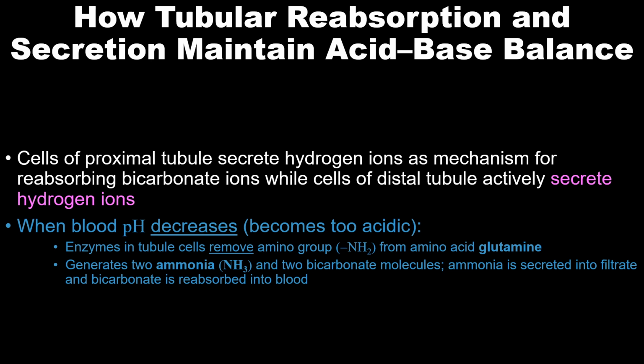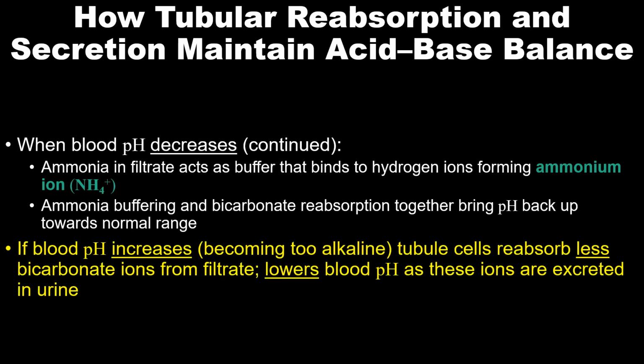The ammonia is secreted and the bicarbonate ions are reabsorbed. In the filtrate, the ammonia molecules bind and buffer hydrogen ions, forming ammonium ions. Both ammonia buffering and bicarbonate ion reabsorption help to raise the pH of the blood back to normal.